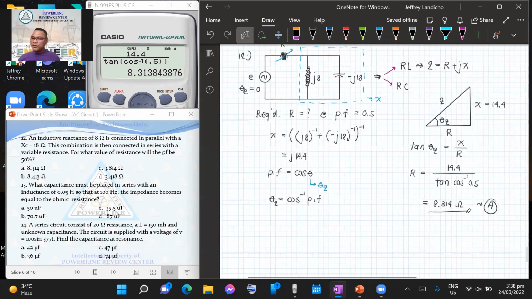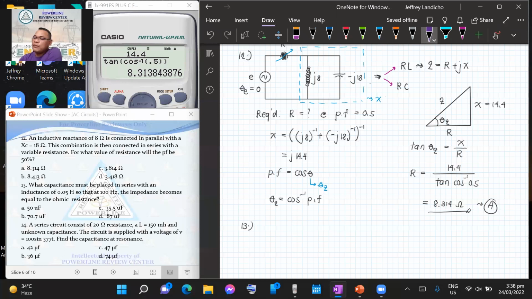Let us try number 13. For number 13, what capacitance must be placed in series with an inductance of 0.05 Henry so that at 100 Hertz, the impedance becomes equal to ohmic resistance?